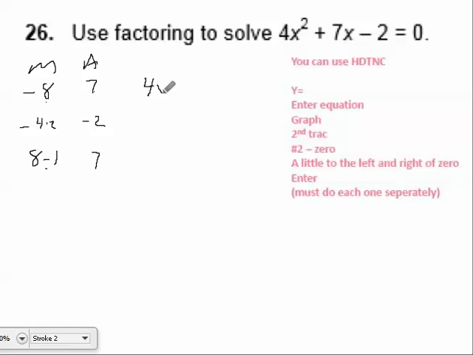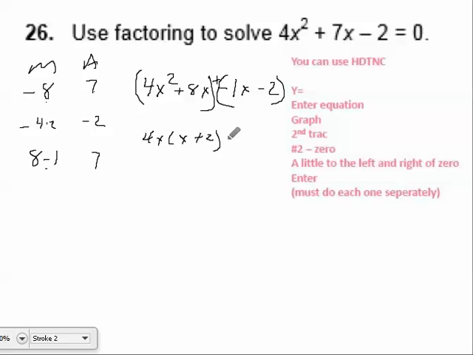So I'm going to have 4x squared plus 8x minus 1x minus 2. And I'm going to group these together. Grouping those together, and what are we going to get? We're going to get a 4x out of this one, and I'll be left with an x plus 2.